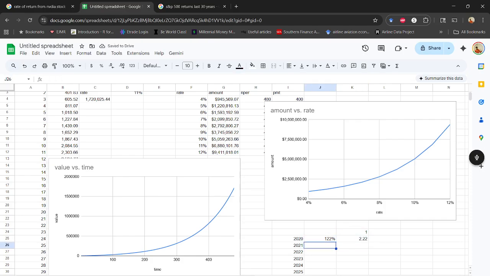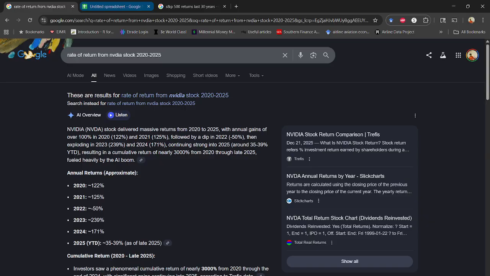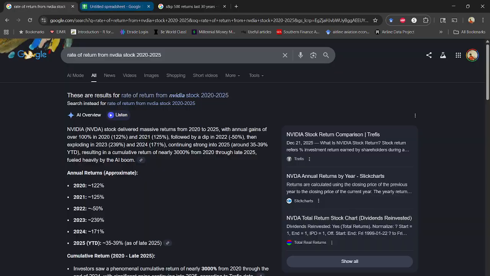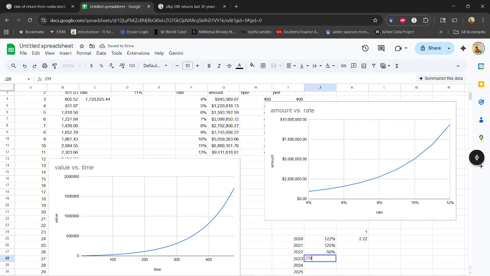And so we're going to use this formula and replicate it further. Let's put the numbers up. So 125%, minus 50%, so it lost half the value, 239%. Generally speaking, a very good year comes after a very bad year. 171%. And as of 2025, it had given about 55% appreciation.